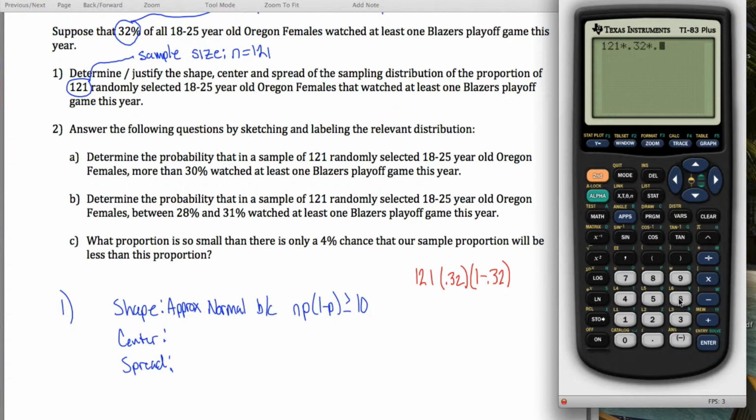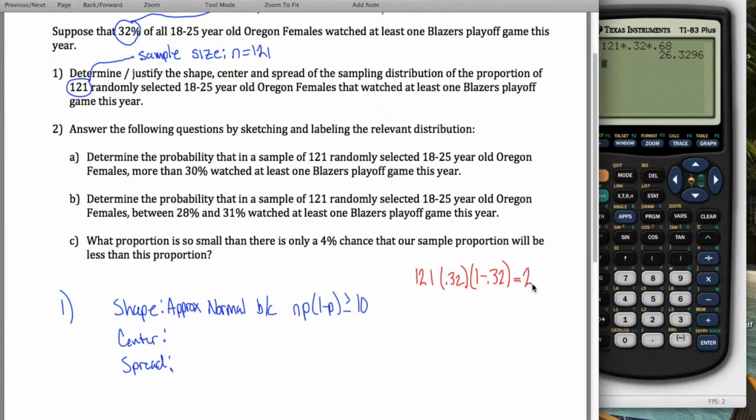That's what calculators are for, I suppose. You multiply the three of those together and you get 26-ish, 26.33, I guess. Note that 26.33 is greater than or equal to 10. Oh, I'm good. It's approximately normal.